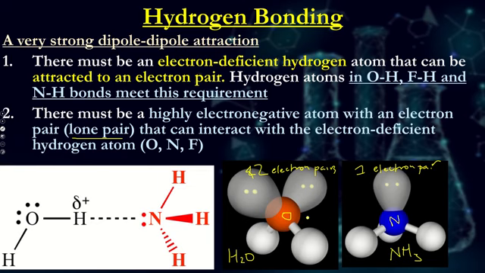So at the end of the day, hydrogen bonding is just a really, really strong dipole-dipole interaction. And that comes from the fact that hydrogen is very electron deficient, and oxygen, nitrogen, and fluorine have lone pairs of electrons that make them more electronegative at the center.